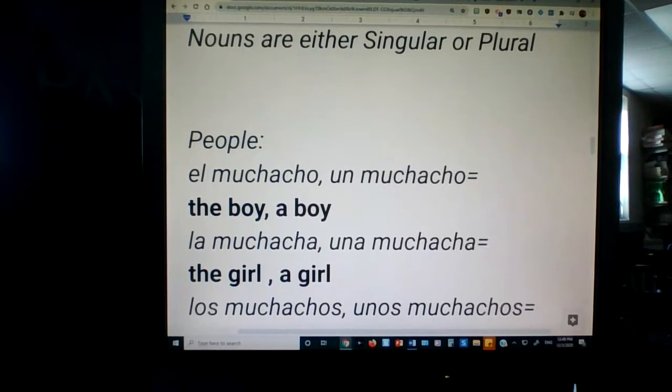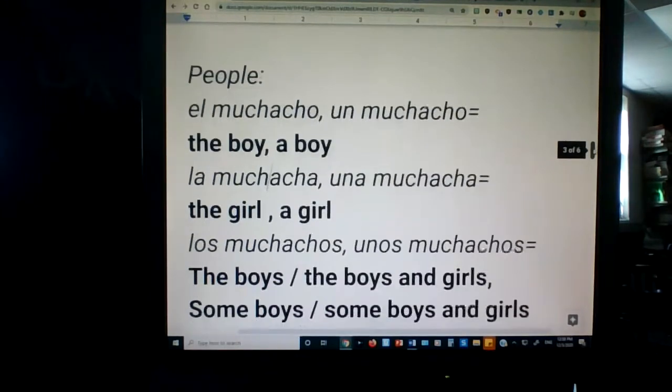It's kind of cool because in Spanish you can do that with words that deal with people. Like muchacho, you switch the O to an A and you got the feminine part. So muchacho goes to muchacha, that's the girl. Got that? Okay. What's el muchacho? The boy. Un muchacho is a boy. La muchacha is the girl. Una muchacha is a girl.